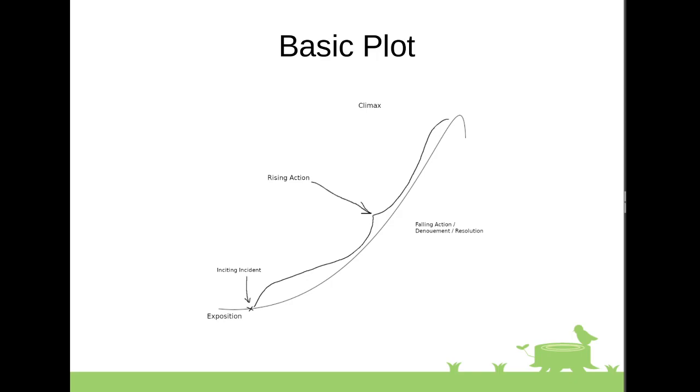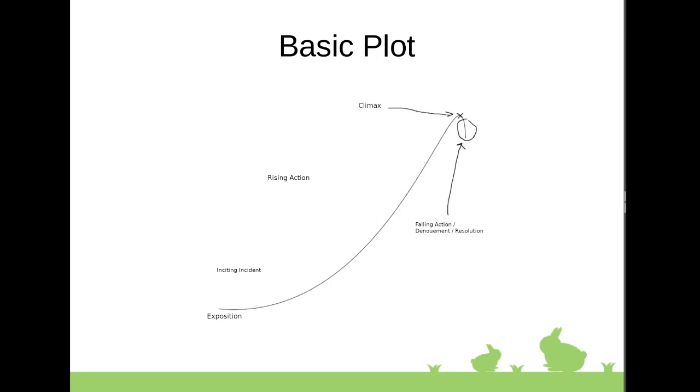And as tension builds, we have what is called rising action. In the story, tension is building and building and building until we hit the climax of the story, where a character either gets or doesn't get what they want. But this is the moment of highest tension, of highest emotion in the story. And then after that, we have what is called falling action, or denouement, or resolution, whatever you want to call it.